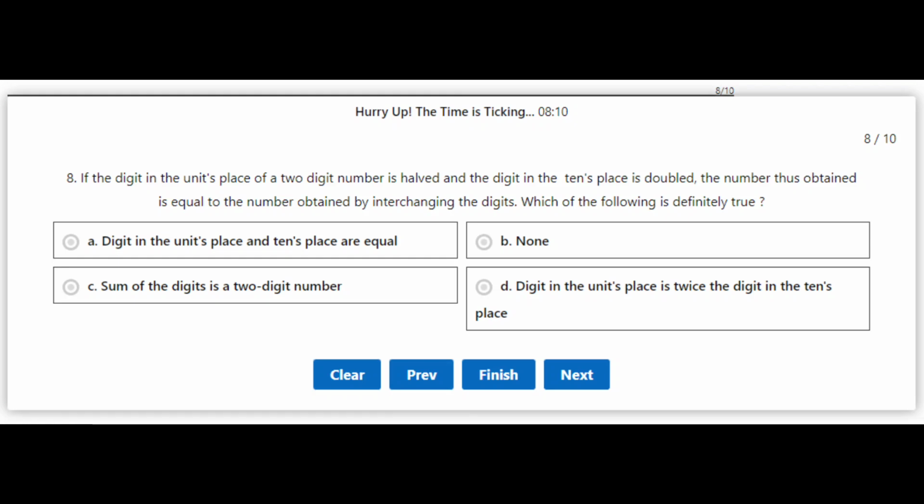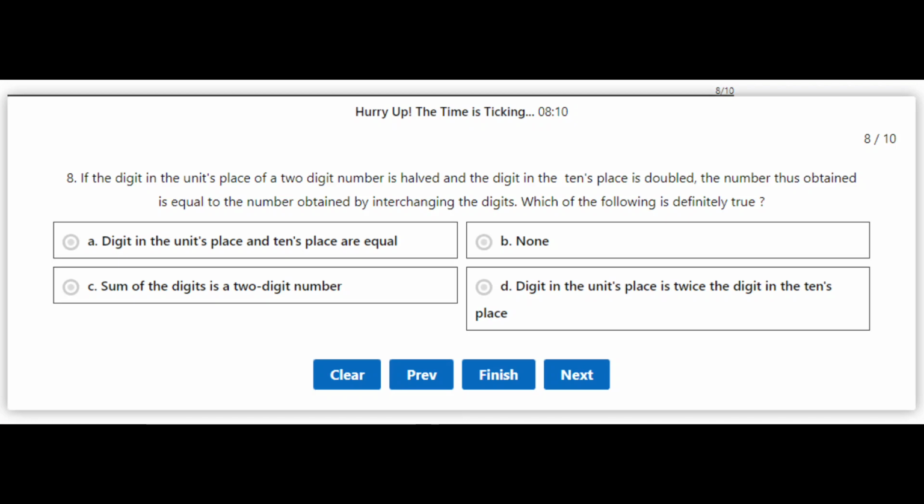So we are obtaining the number after performing this operation, which is equal to the number obtained by interchanging the digits. So after interchanging, the number on the units place will be twice, and the number on the tens place will be half of that number.